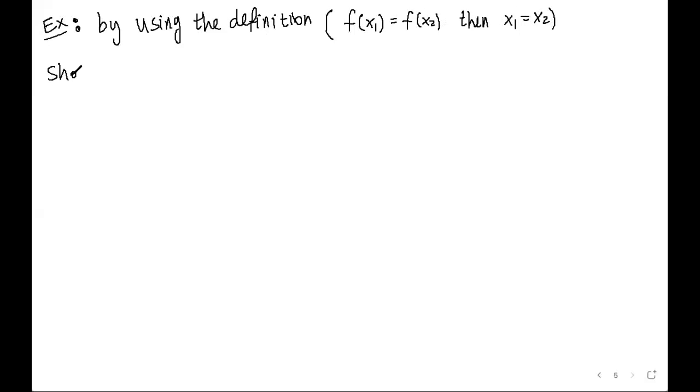The question is, show the function f of x equal 3x plus 4 is a one-to-one function.